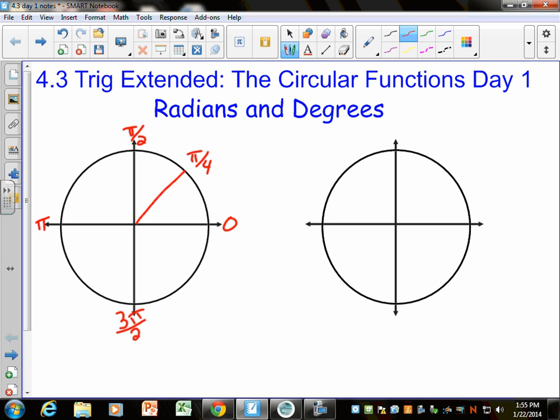So what if we broke this up into these equal parts? Like what if I went ahead and drew this halfway over here? So think about it, from 0 to pi, I've just broken this into 4 equal pieces, yes? So how many pi fourths, how much is here?